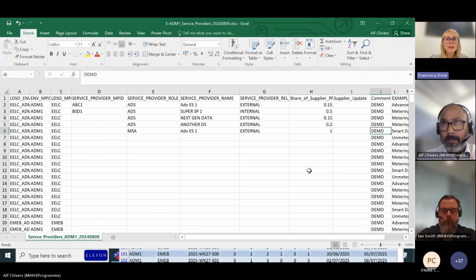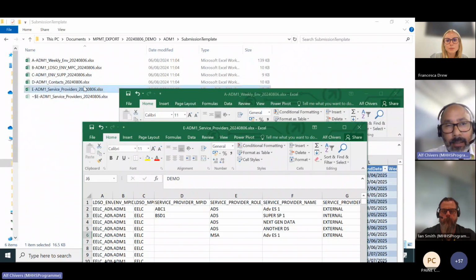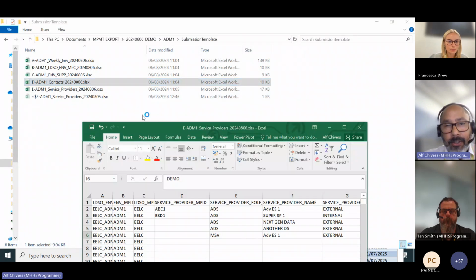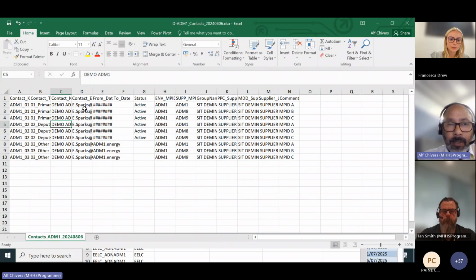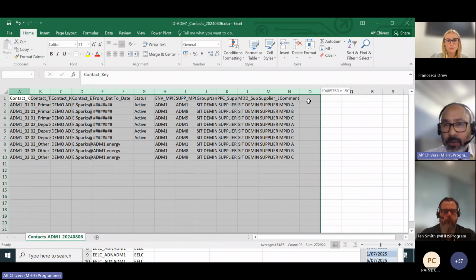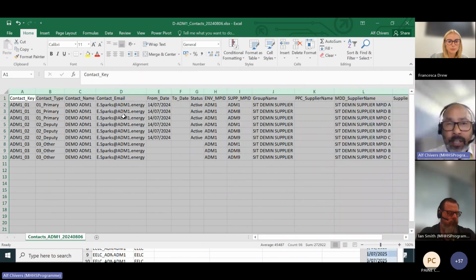Was there anything else you wanted to cover, Alf, from a content perspective? Just for those that didn't attend yesterday, there's the contact sheet. You've probably already supplied contacts, but if there's any change to that contact information, this is where you would provide it back to us.